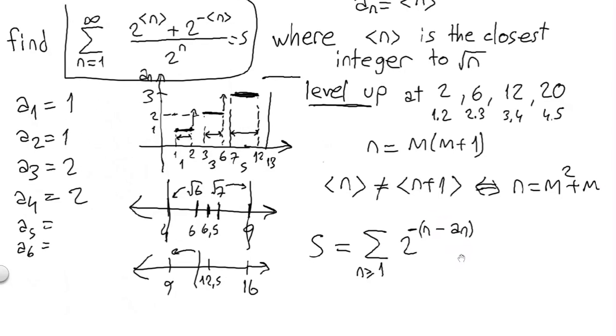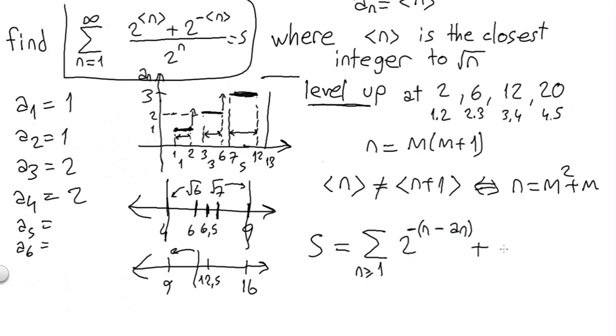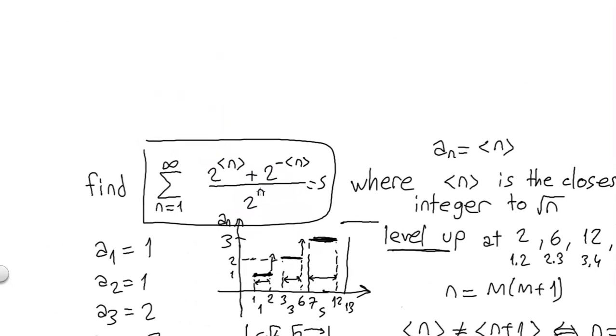It's not so important. And for the second part, I'm assuming that this is convergent, because it of course is convergent. Why? Because if I think about both of the parts, for example, I can say 2 to the an over 2 to the n. So I know that an is close to square root of n. It's not really bigger than that. For example, I can say, of course, this thing is just less than n. Oh, then it's not convergent.